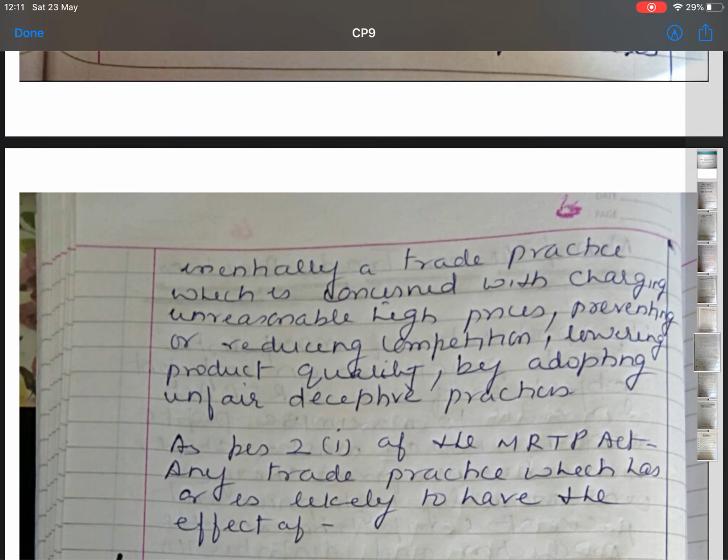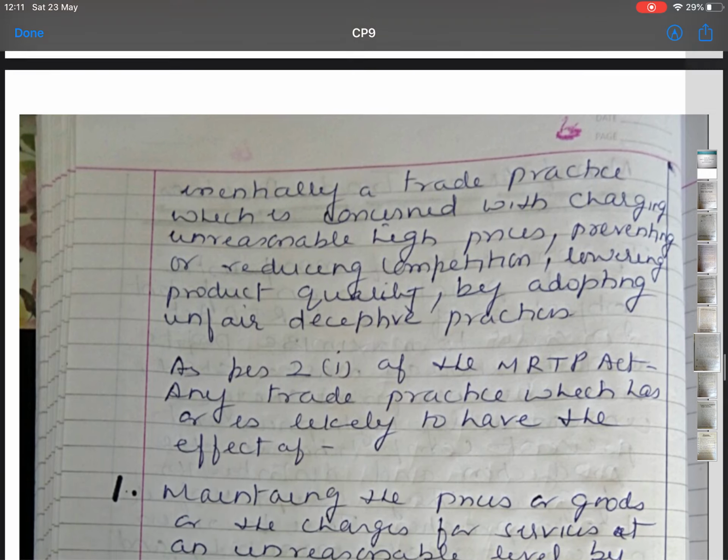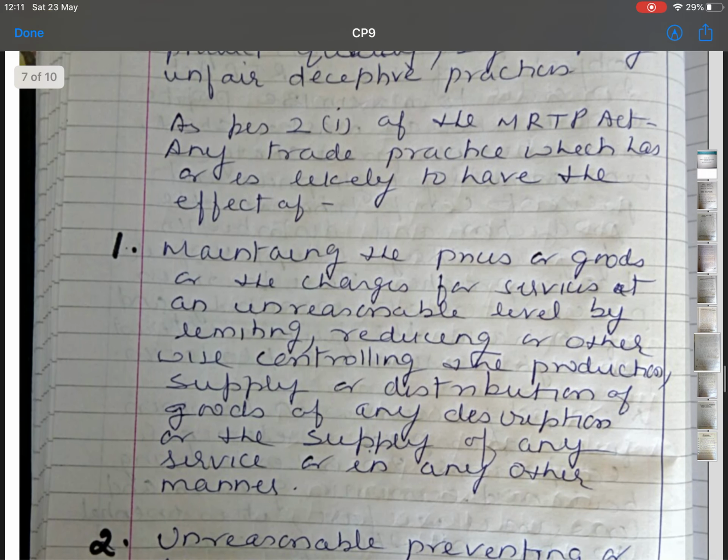As per section 2(1) of the MRTP Act, any trade practice which has or is likely to have the effect of maintaining the price of goods or the charges for services at an unreasonable level by limiting, reducing or otherwise controlling the production, supply or distribution of goods of any description or the supply of any service or in any other manner.